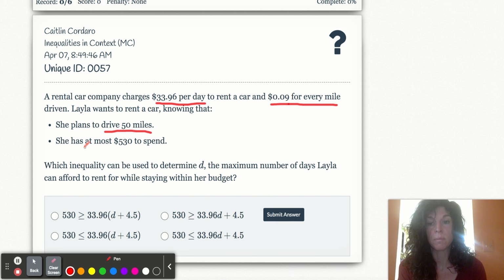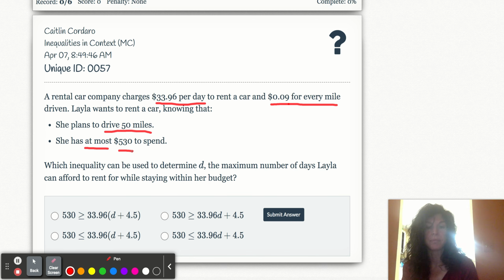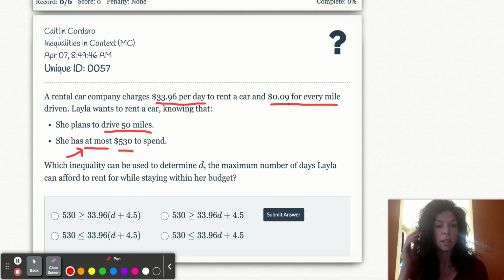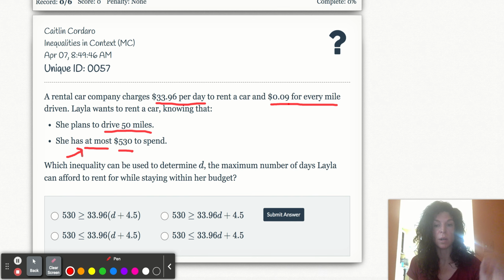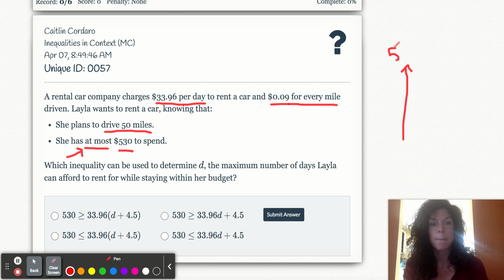So I'm going to underline words here. At most, $530. At most helps us determine an inequality. It's a little confusing because most sounds like a big word, so we would think that 530 would be big, but actually we are going to go all the way up to 530, but stop there.